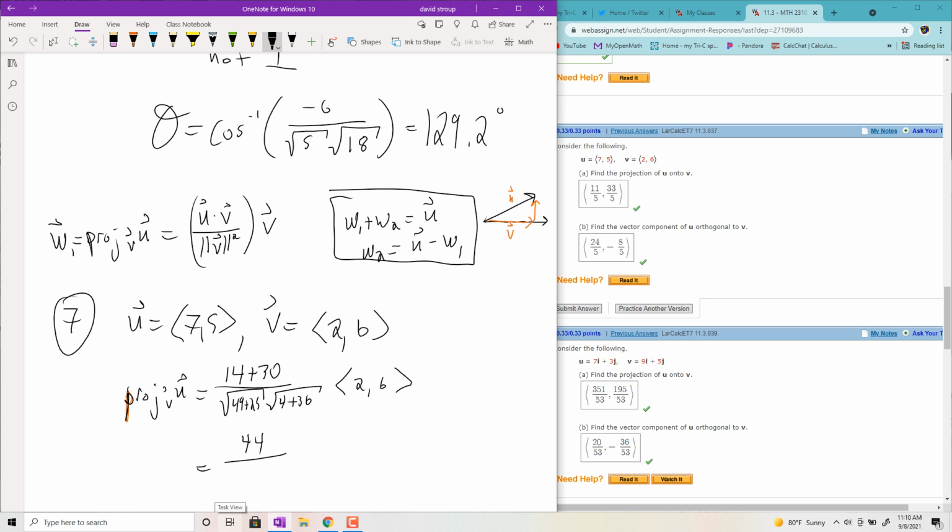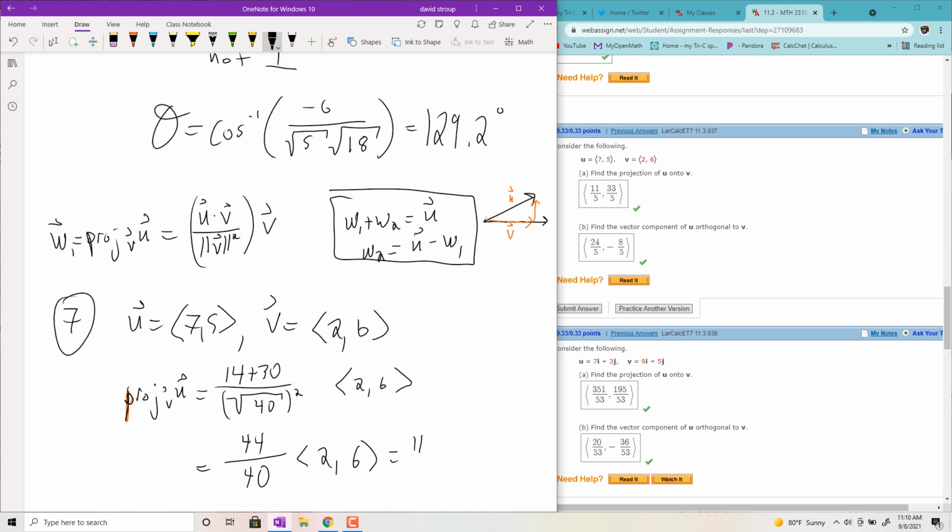Oh, sorry, I was still thinking in terms of something else. So this would be just the magnitude of V, so it's the square root of 4 plus 36, squared. That's just going to be 4 plus 36, 40, right? And then you get 44 over 40 times 2, 6.